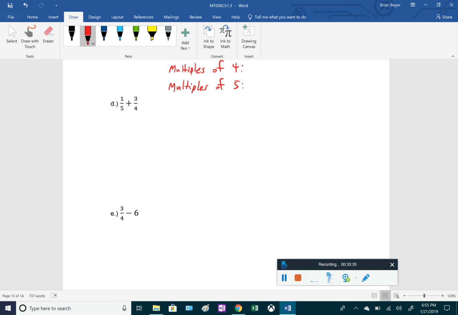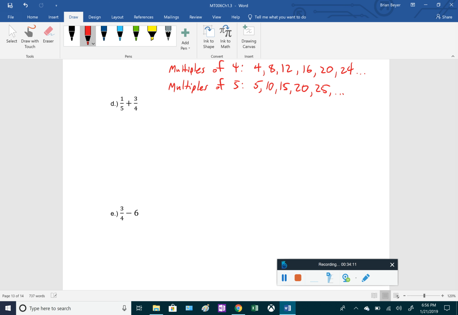The multiples of 4 are 4, 8, 12, 16, 20, 24, and so on. They just keep on adding 4. So 4 times 1, 4 times 2, 4 times 3, and so on. Multiples of 5. Just make sure you don't forget that the number itself is a multiple of itself. So multiples of 5, we have 5, 10, 15, 20, 25, and so on.